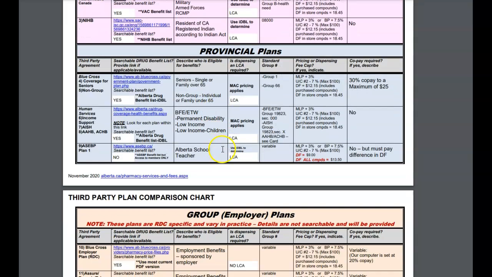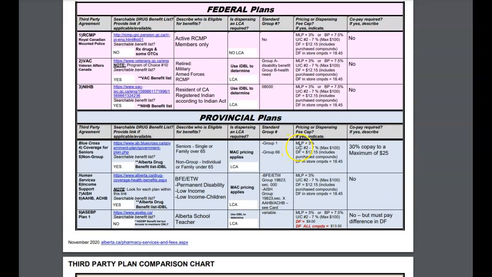Again, knowing who is eligible for these particular products, understanding what these standard group numbers are. This is information we use when we go to bill to this third-party plan. Knowing, again, what those benefit lists are, where you would search for this information.